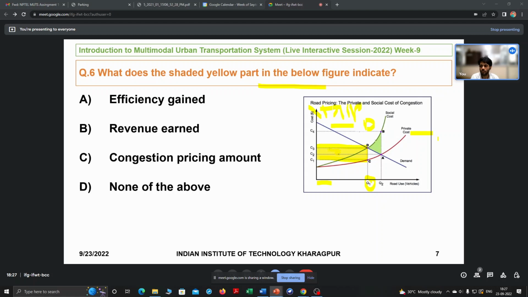What is the difference between your social cost and the private cost? If you subtract the private cost from the social cost, what does it indicate? Is it the efficiency gained, the revenue earned, or the congestion price earned?